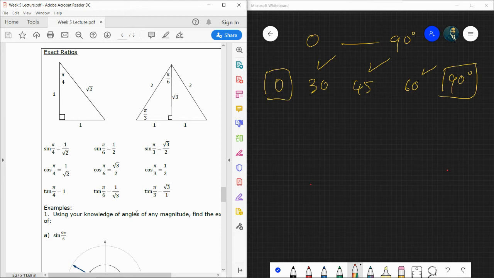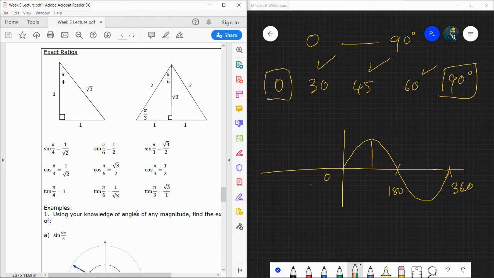If you already know sine looks like something like that, so that's 0, that's 2 pi, in other words 360 degrees. This is 180 degrees, this is 90 degrees. So as you can easily see, sine 0 is 0, sine 90 is 1. So sine is taken care of.